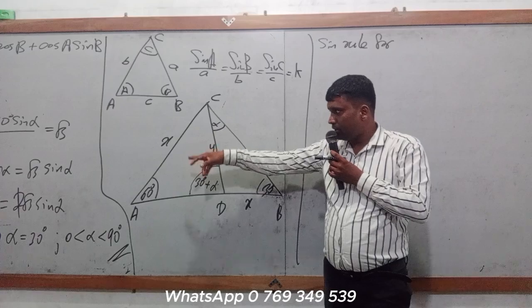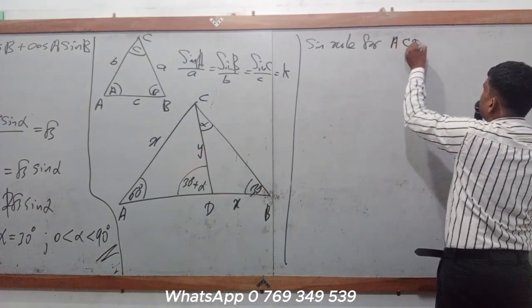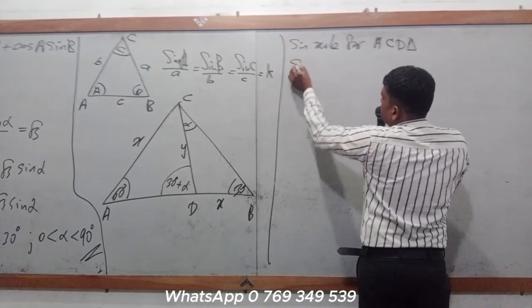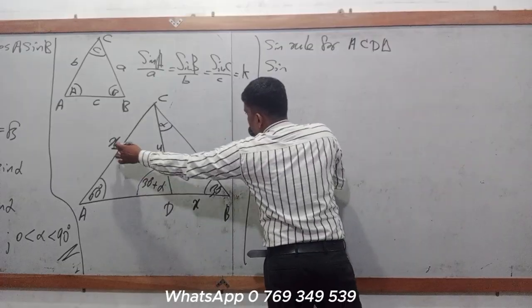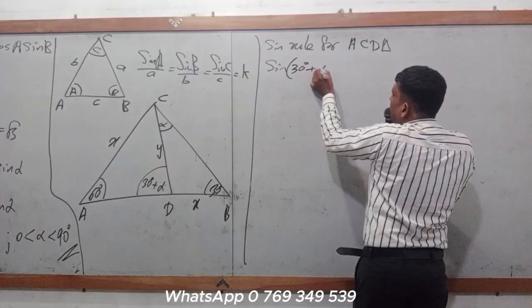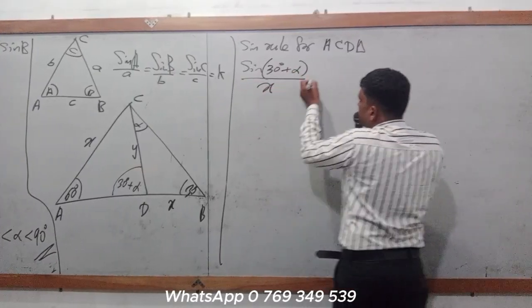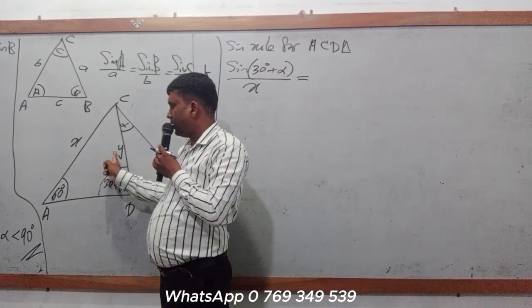I'm using this one, ACD triangle. Sine of this angle and this one, right? Sine 30 plus alpha divided by x, and sine 60 divided by y.